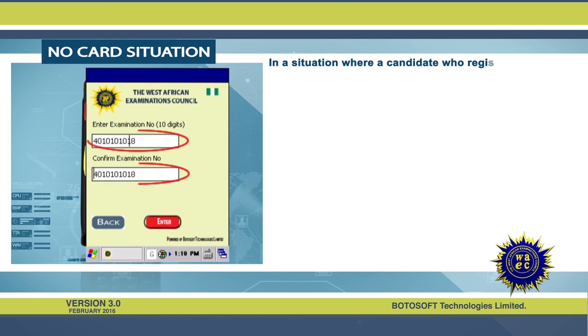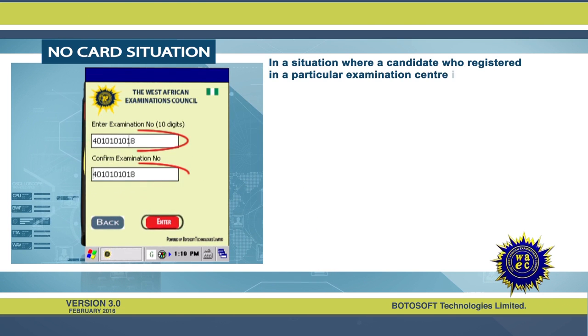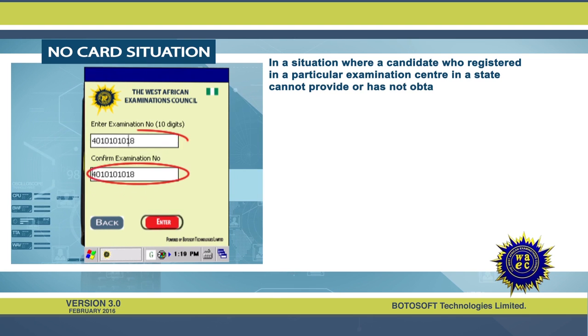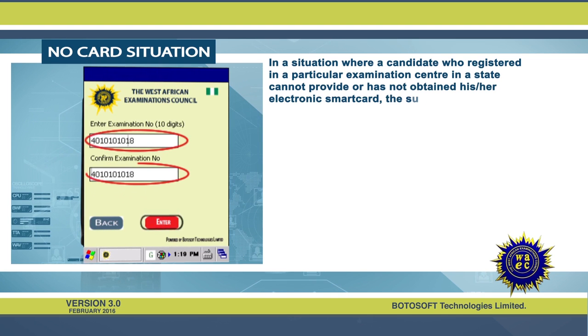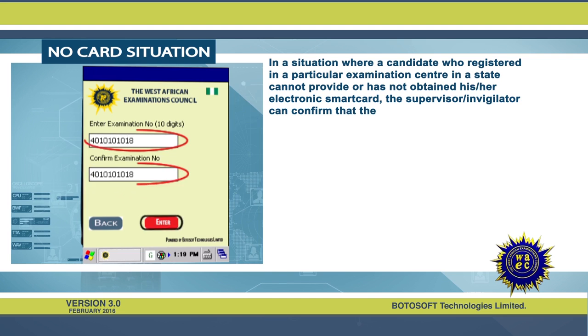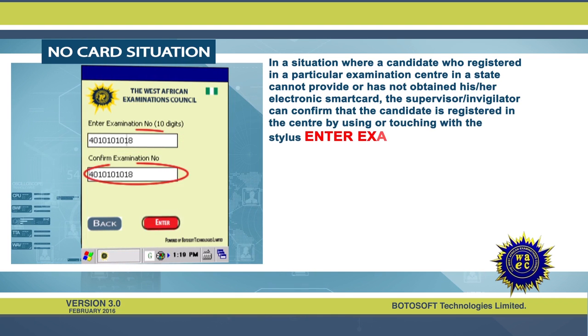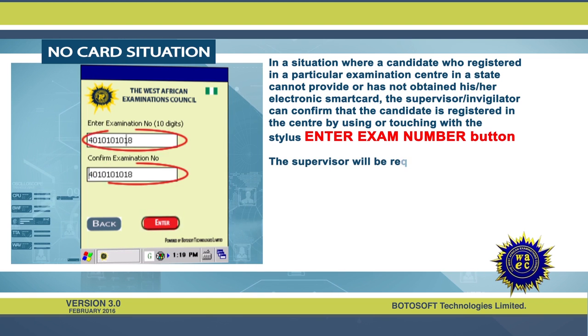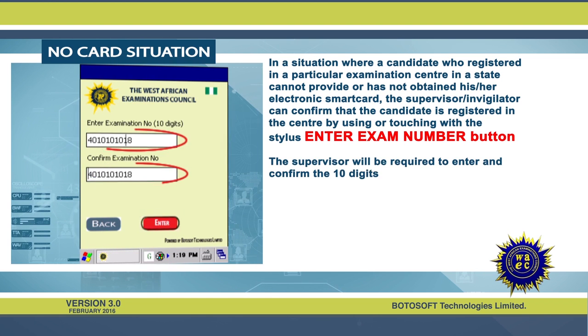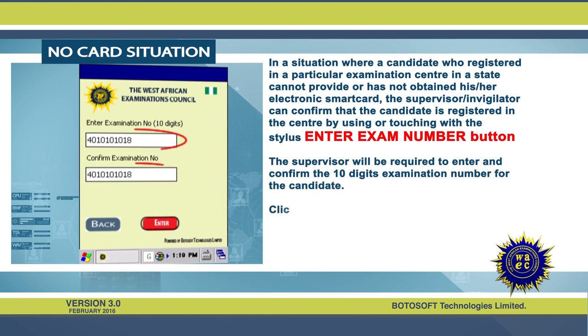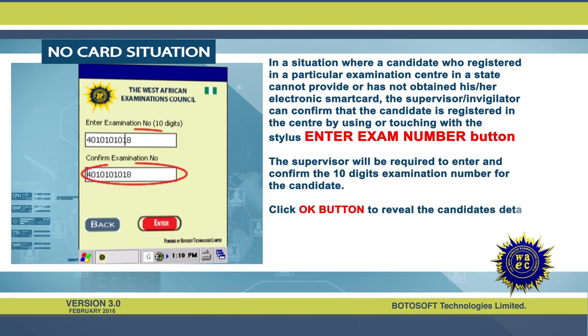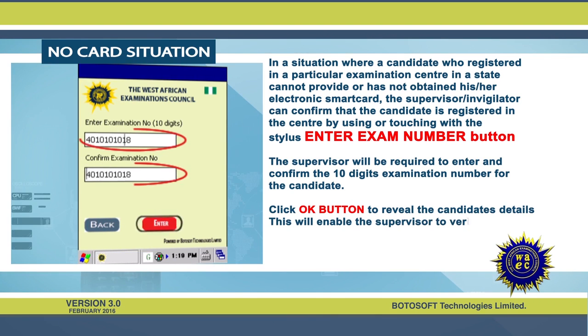In a situation where a candidate who registered in a particular examination center in a state cannot provide or has not obtained his or her electronic smart card, the supervisor or invigilator can confirm that the candidate is registered in the center by using or touching with the stylus Enter Exam Number button.